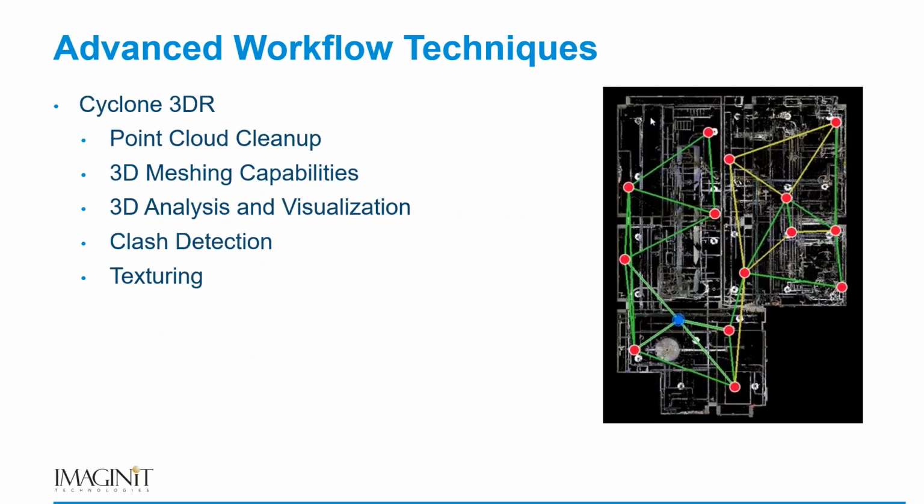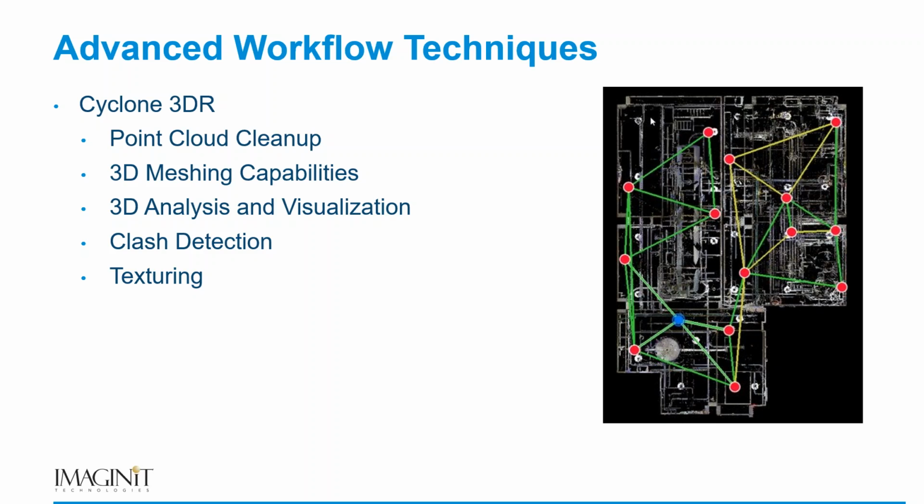All right. Then we jump into a more advanced software, Cyclone 3DR. For those of you that have been around the block a few times, this used to be called Technodigit Reshaper.